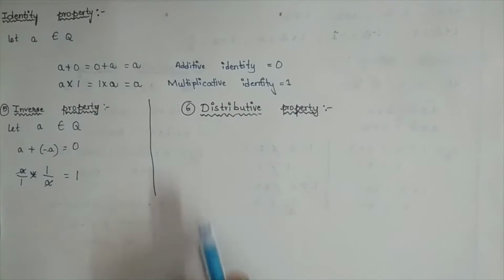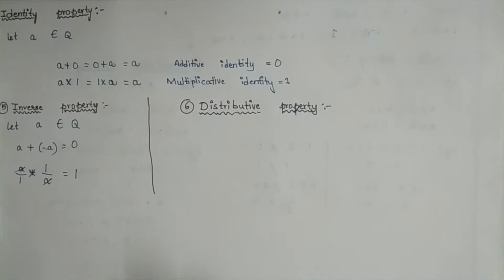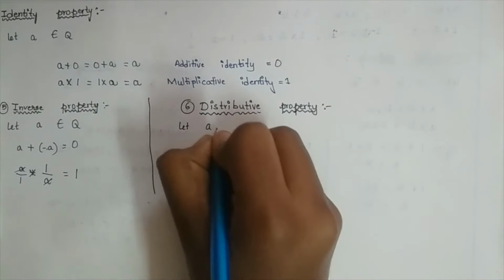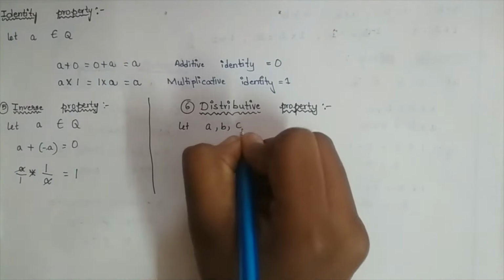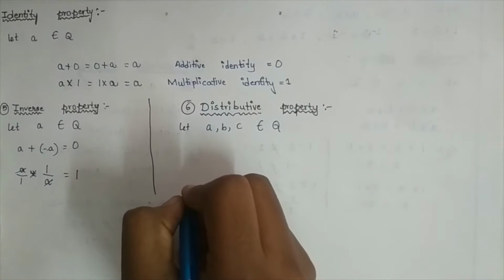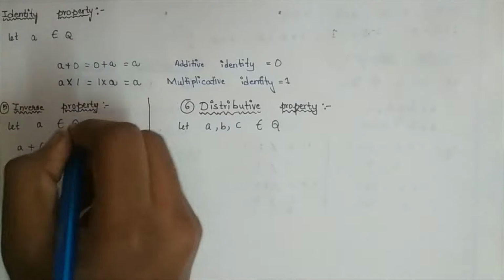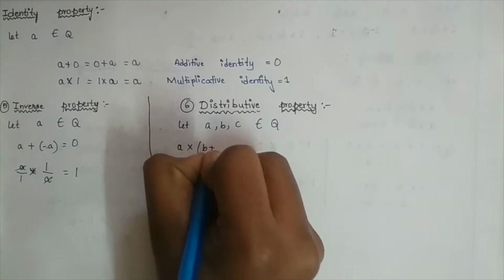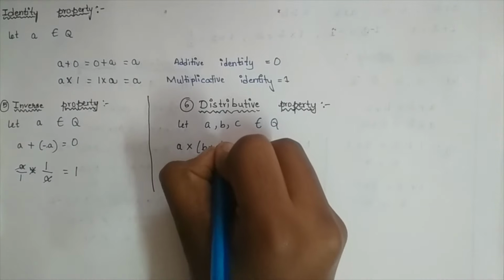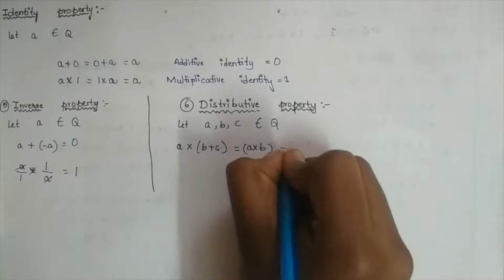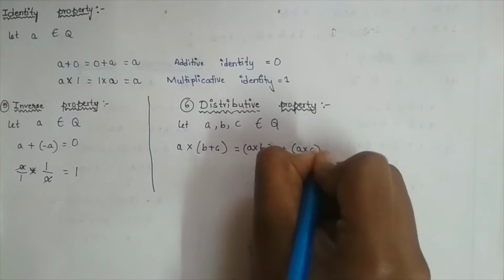And the last and final property, distributive property. So here let us take a, b, c, 3 rational numbers. Here let us take first of all a into (b plus c) is equal to a into b plus a into c.